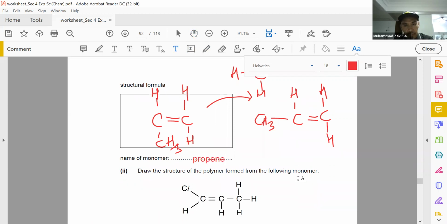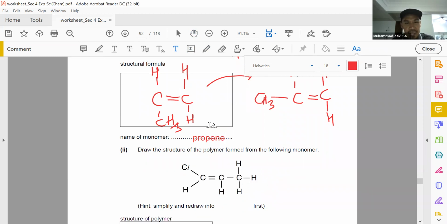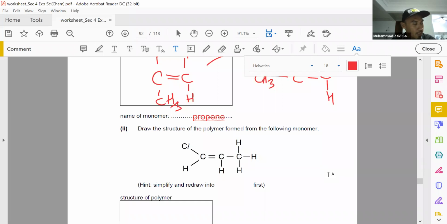Next. Draw the structure of the polymer formed from the following monomer. Again, what you need to do is orientate this to something like this. Double bond is like 4 lines on top of each other like that. So how are you going to orientate that? First things first, draw the carbon double bond first.